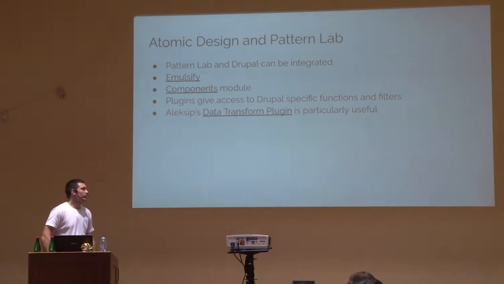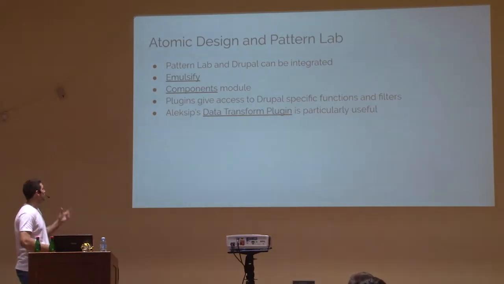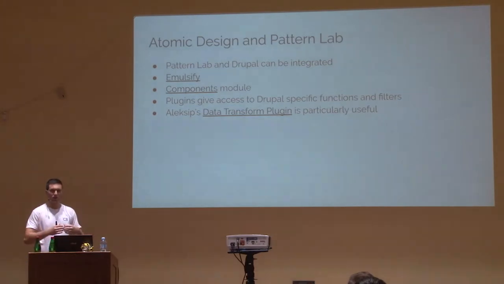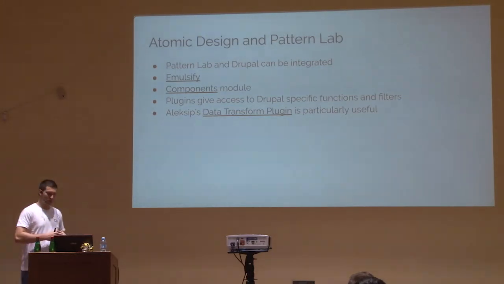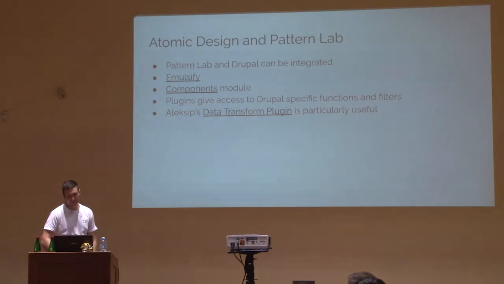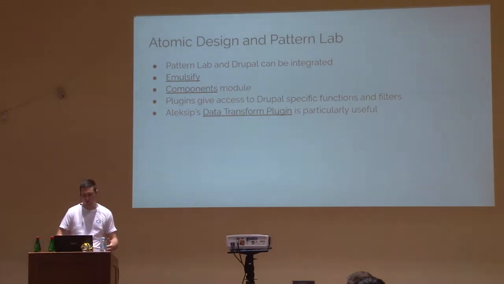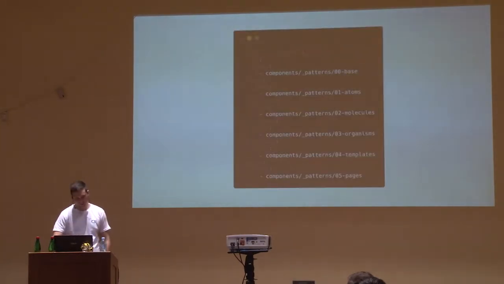So in order to integrate Drupal and Pattern Lab, you need to have the components module because it allows you to reference paths to those Pattern Lab templates. Of course, there are a lot of useful plugins that we will talk about that allow us to easily create those templates or get some parts of the content.